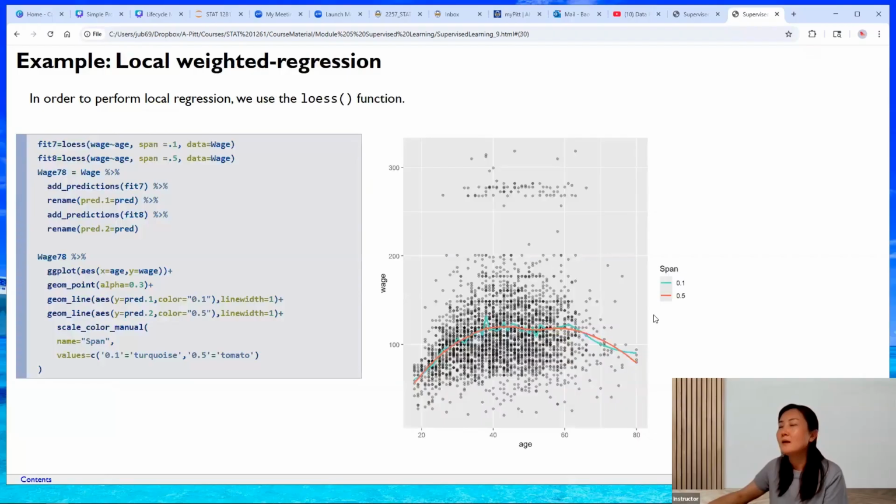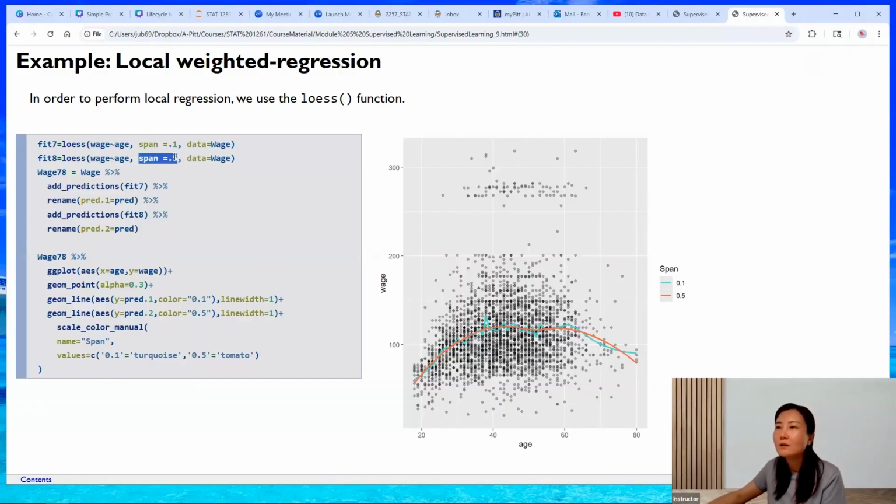So instead of actually fitting a local weighted regression, we first take a look at using the ggplot function to show two cases. For the first one, span is equal to 0.1, so it will use 10% of training observations to fit the model for each observation.